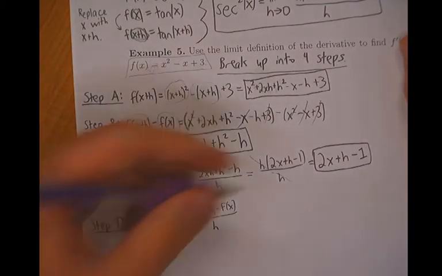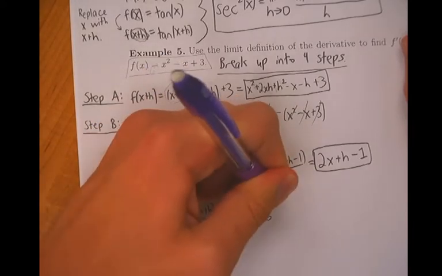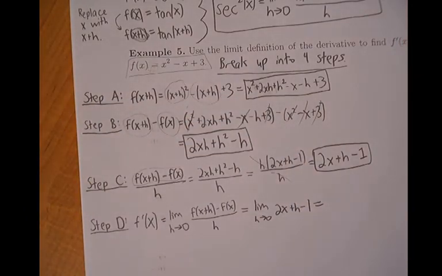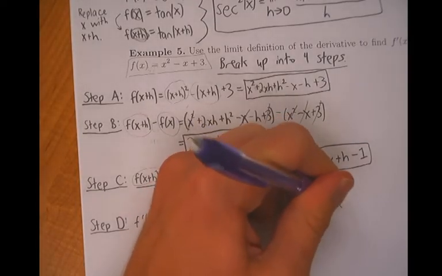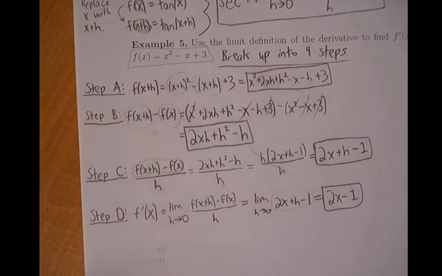Using step C, we end up with the limit as h approaches 0 of 2x plus h minus 1. If we just let h approach 0 here, we should end up with what? Yep, just 2x minus 1. And that's our derivative.